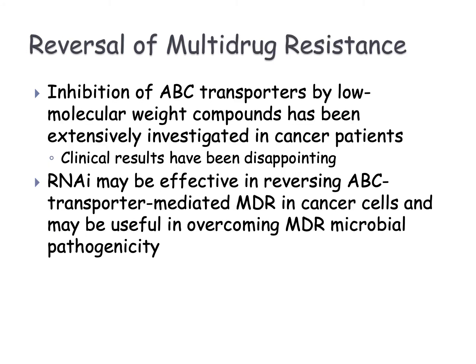Now, there's been an effort to try to come up with an inhibitor of these transporters to counteract the drug resistance, and so far it hasn't really yielded very good results.